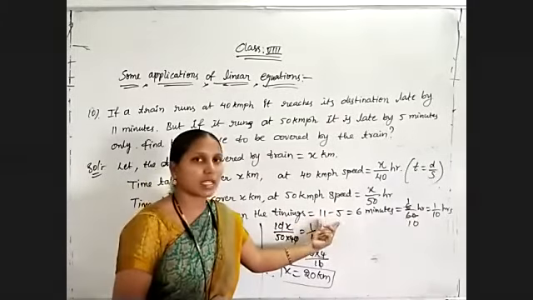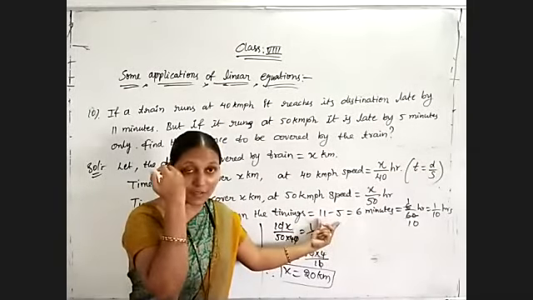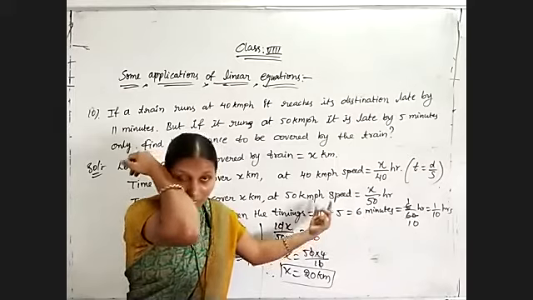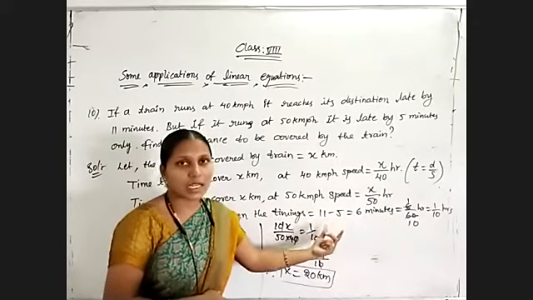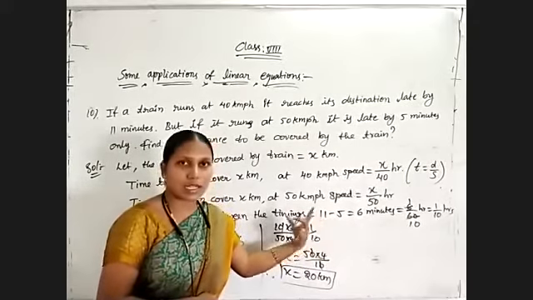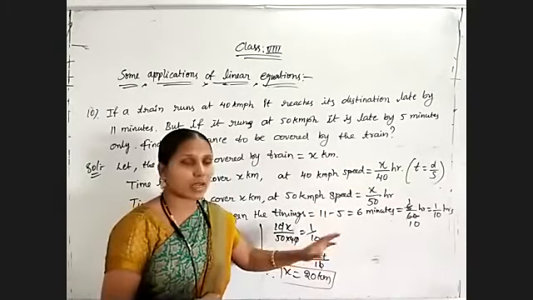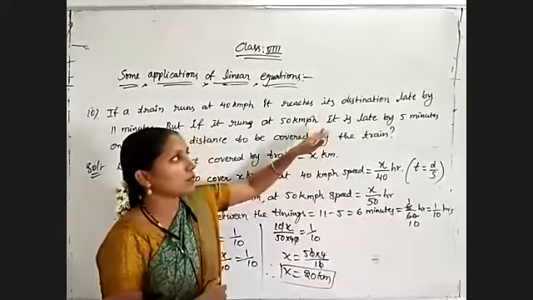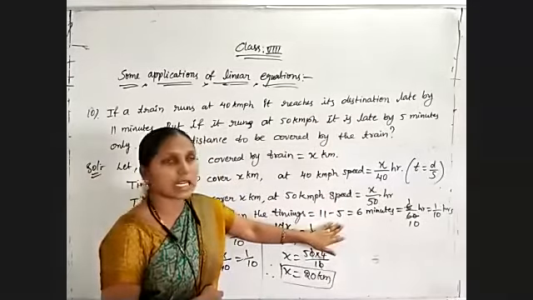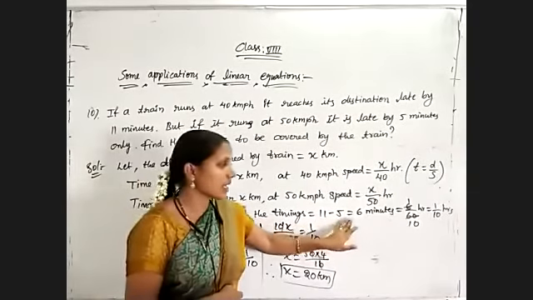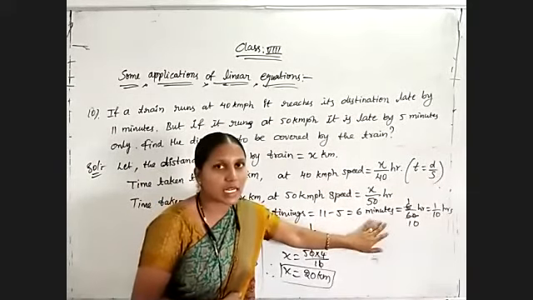Both are late only, that's why I am taking subtraction. 11 minus 5 is equal to 6. If one is late and one is early, in that case go for addition, then their difference will become 11 plus 5, 16 minutes. But in this case both the timings are late only. So 11 minus 5 is equal to 6 minutes late.